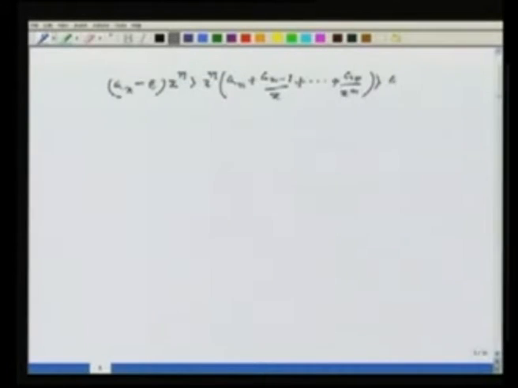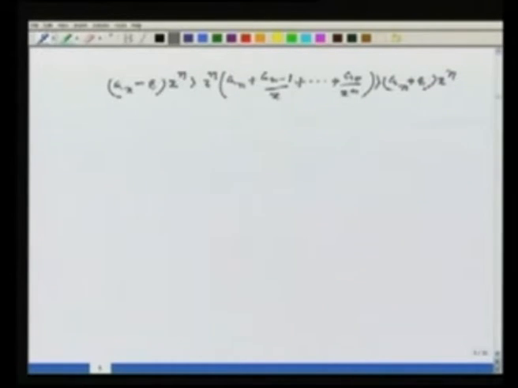This implies that a_n minus epsilon times x to the power n is bigger than x to the power n times a_n plus a_{n-1} by x plus a_0 by x to the power n, which is bigger than a_n plus epsilon times x to the power n.